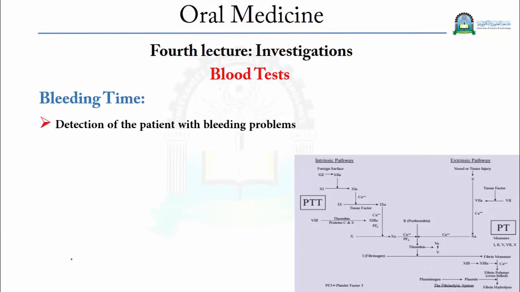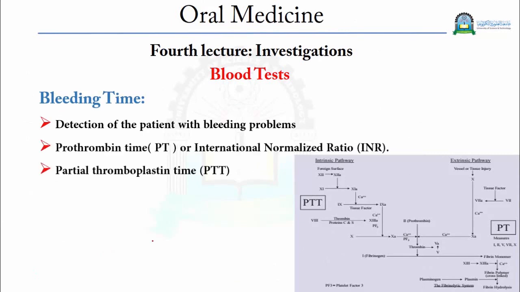These are the cases in which there is an increased or decreased amount of platelets. Bleeding time: when you will perform a surgery, either a minor surgery or extraction or whatever, and you have a doubt about the bleeding time of your patient, you will order a bleeding time test.